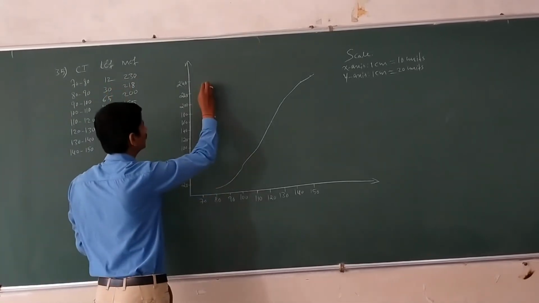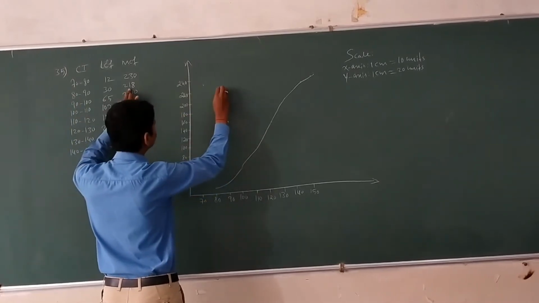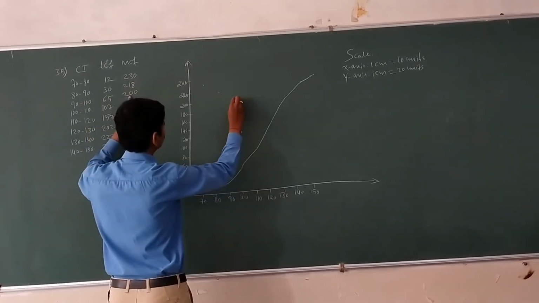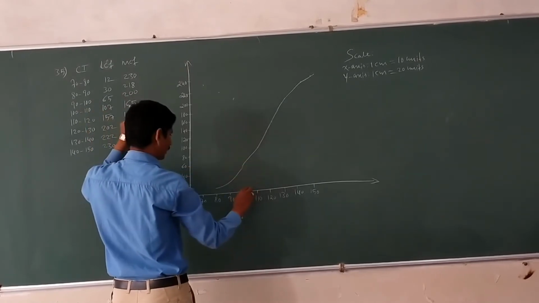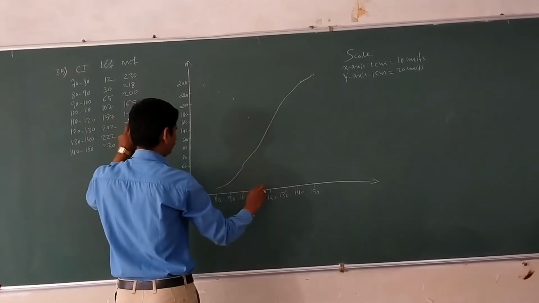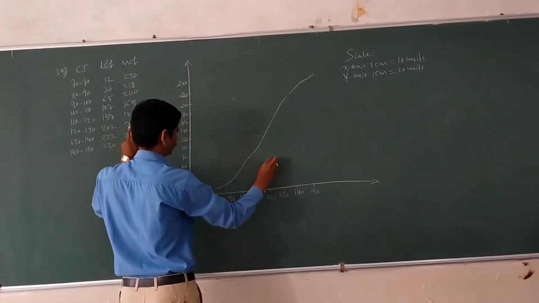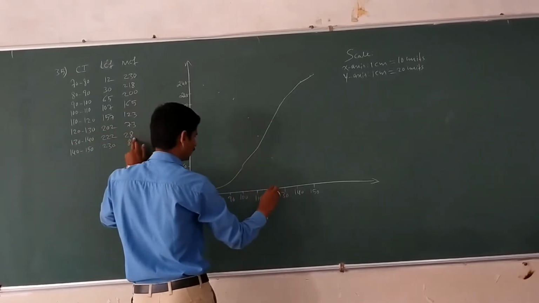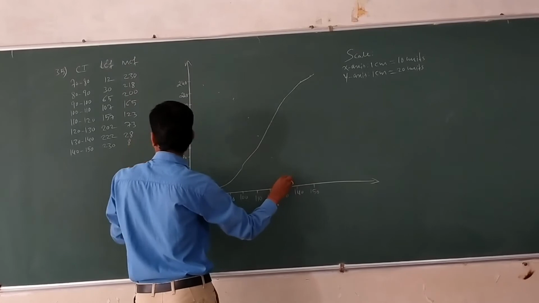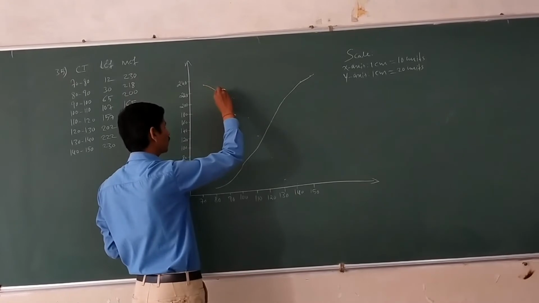The next, 80 is 218. 90 is 200. 100 is 165. 110 is 123. 120 is 73. 130 is 28. 140 is 8. And these points are joined by a smooth curve or a free-handed curve.